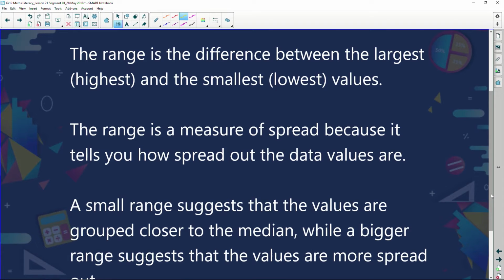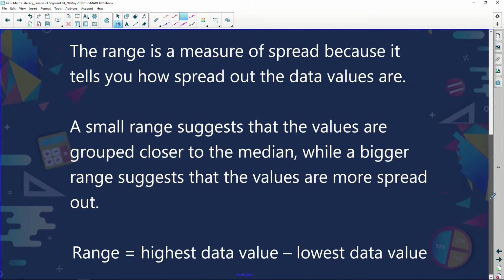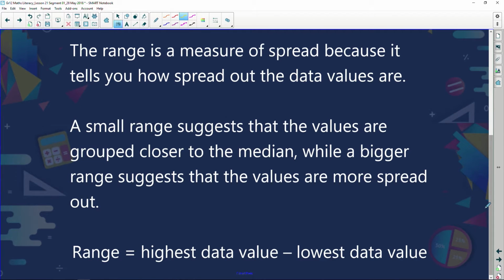Range is the difference between the largest or the highest and the smallest or the lowest values. The range is a measure of spread because it tells you how spread out the data values are. A small range suggests that the values are grouped closer to the median, while a bigger range suggests the values are more spread out. Remember what we said the median is? The median is my middle number.